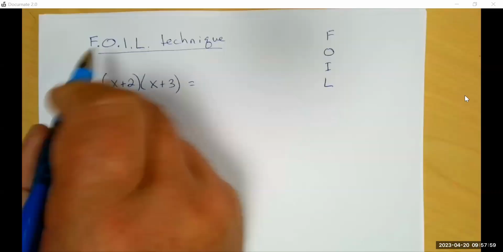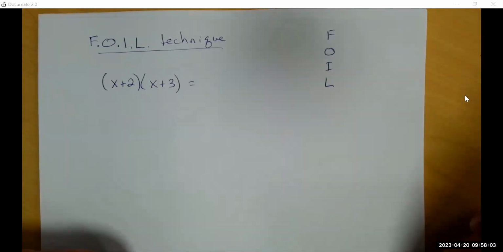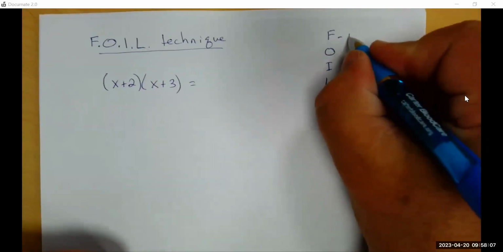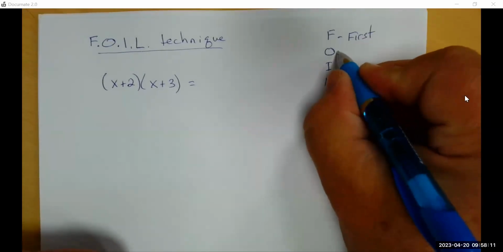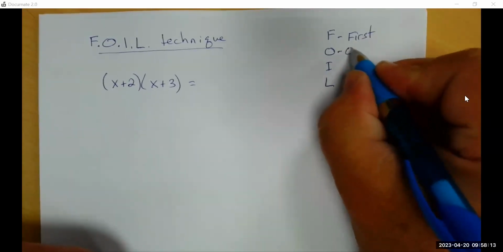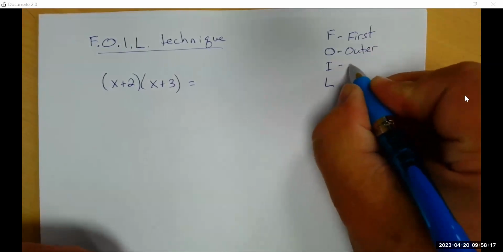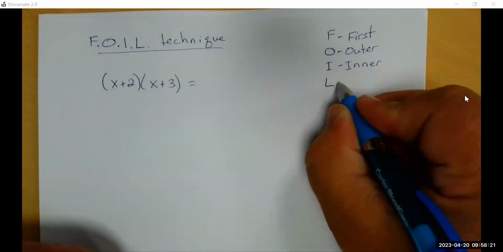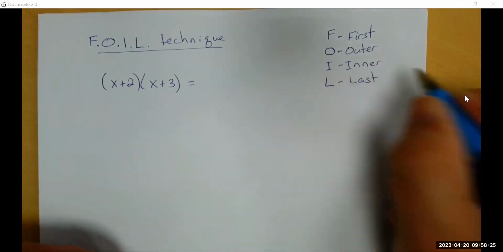FOIL is an acronym. That's why there are periods after under each one of those. The F stands for first. The O stands for outer. The I stands for inner. And L stands for last.